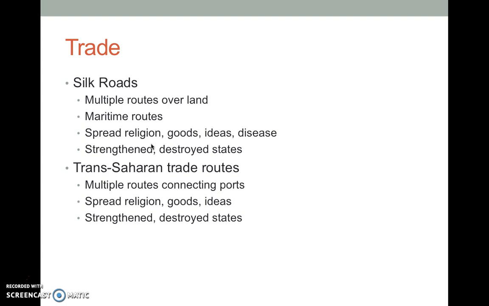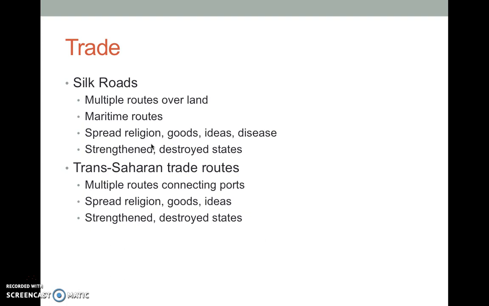We did see the trans-Saharan trade routes towards the end of the class, also multiple routes connecting ports from the Indian Ocean, primarily the Swahili coast, through Africa and to ports on the west and northern coasts, so the Atlantic Ocean and the Mediterranean Sea.